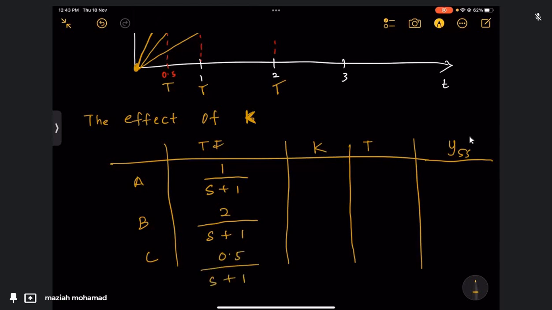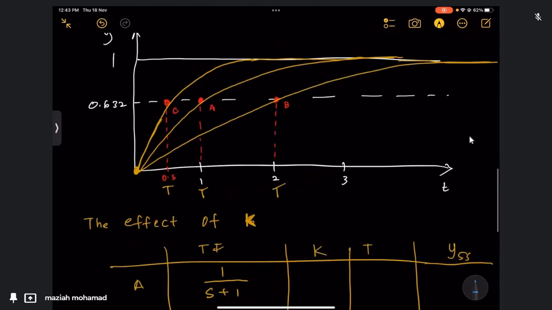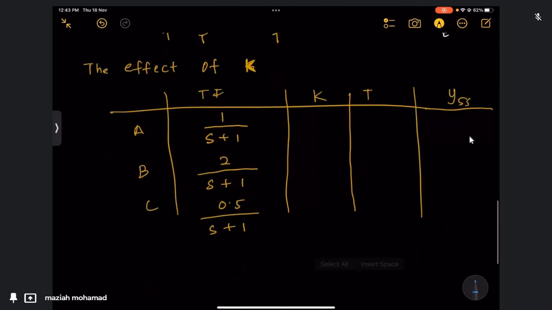By doing the same step, we will be able to determine the value of K and T. Since this is already in standard form of the general transfer function, K is 1, this is 2, this is 0.5.